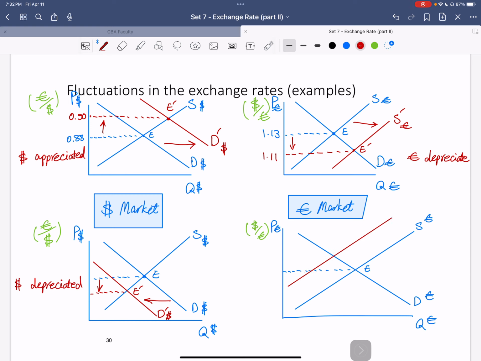The supply side of the euro also goes to the left if Europeans are buying fewer dollars, so they hold on to their own euros. So the new equilibrium point here will cause the euro to appreciate.